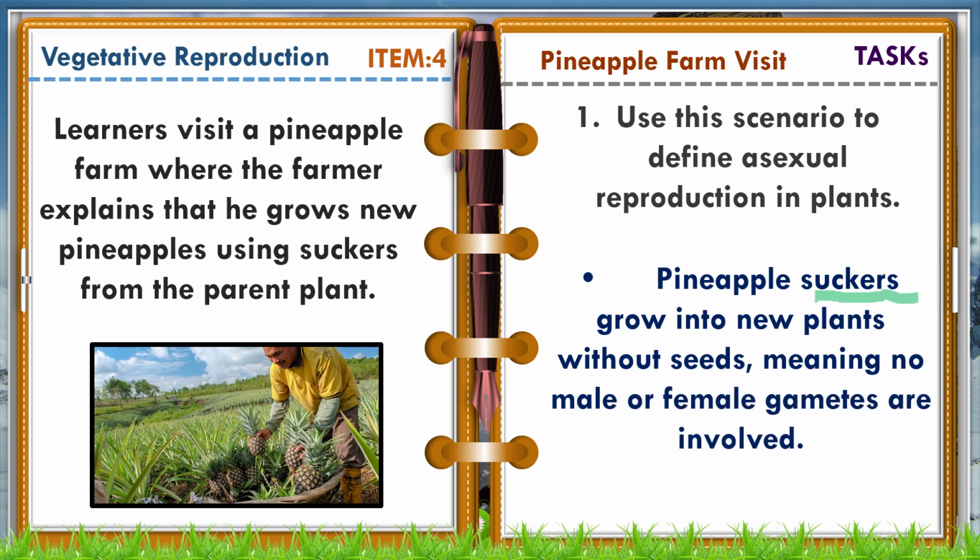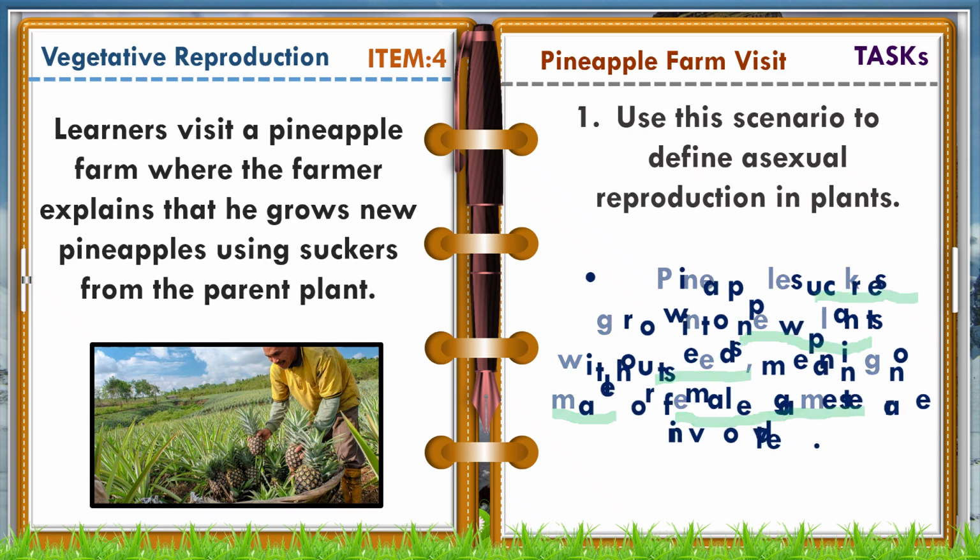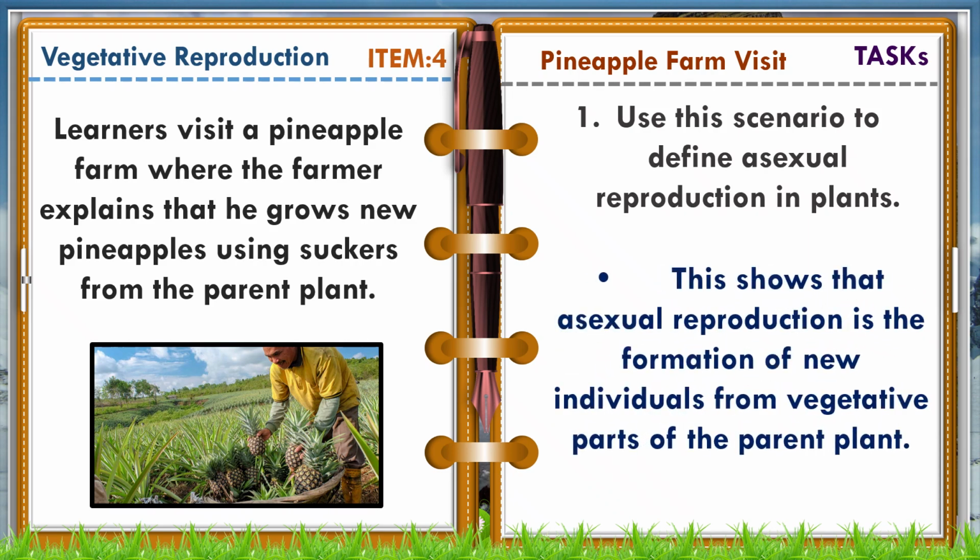Pineapple suckers grow into new plants without seeds, meaning no male or female gametes are involved. This shows that asexual reproduction is the formation of a new individual from vegetative parts of the parent plant.